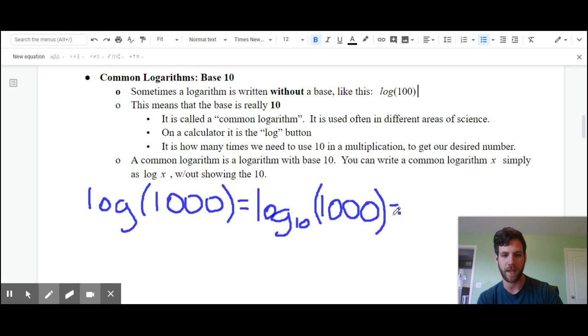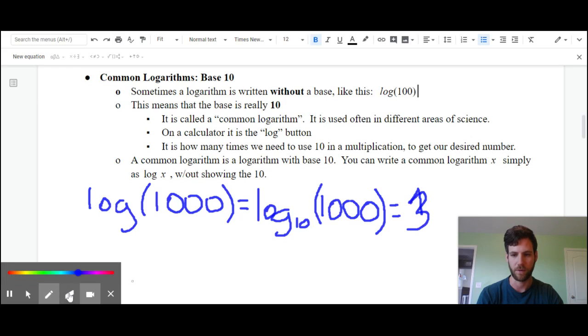Well, we need 10 times 10 times 10 to make 1,000. That means log base 10 of 1,000 is going to be equal to 3.